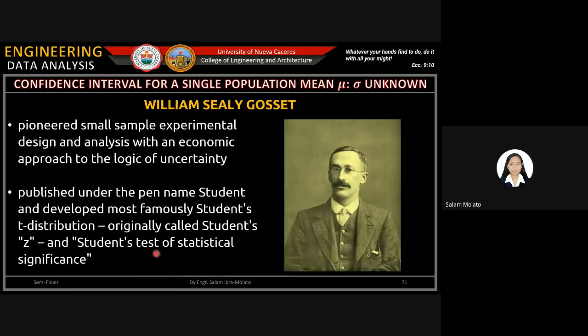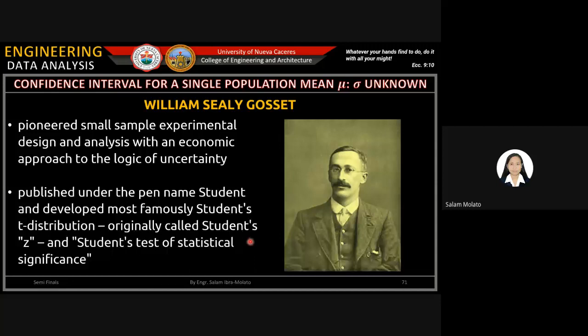So, si William S. Gossett, nabuhay siya noong 1876 to 1937. And siya yung nakapag-discover ng paggamit ng T distribution.